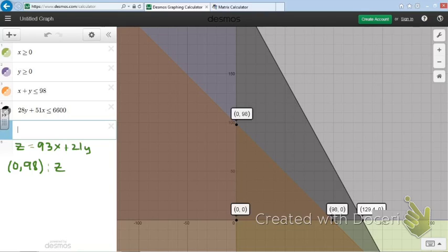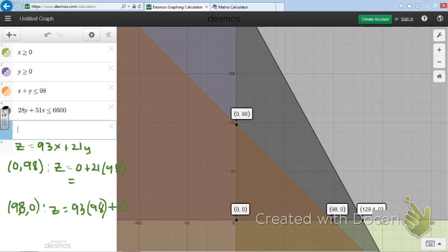And so I'm going to put that in for Z. Obviously I'm going to have 0, 93 times 0 is just 0. And then 21 times 98, and I'll get that value. And then I'm also going to do it for 98, 0, which is going to be 93 times 98 plus 0.